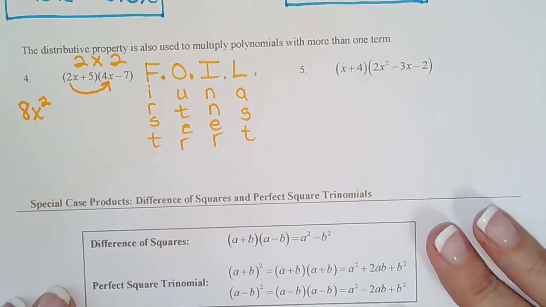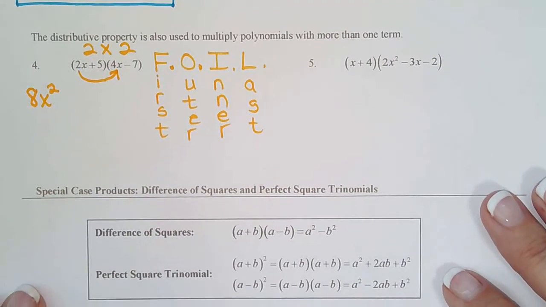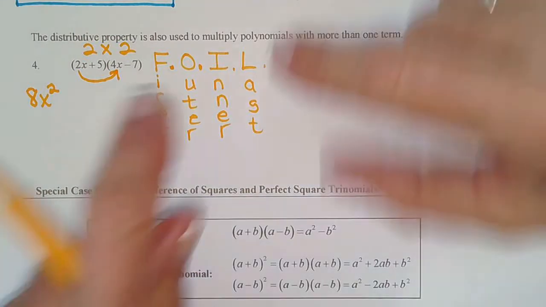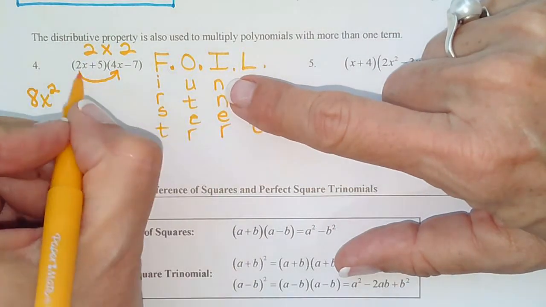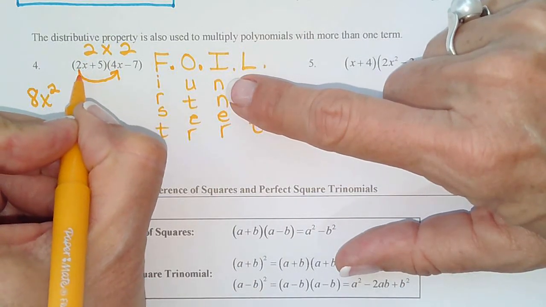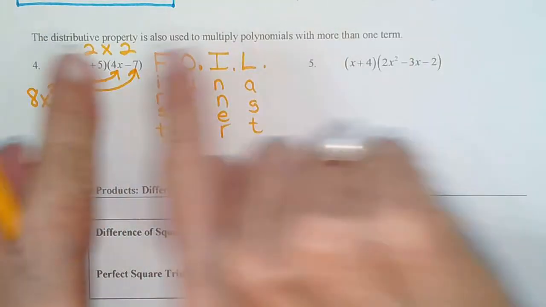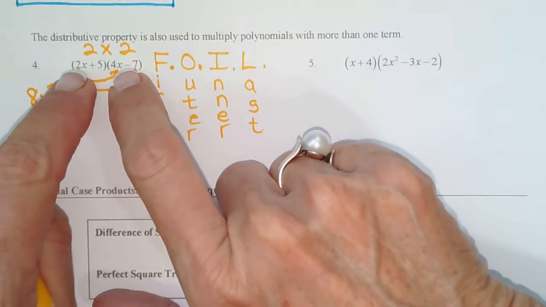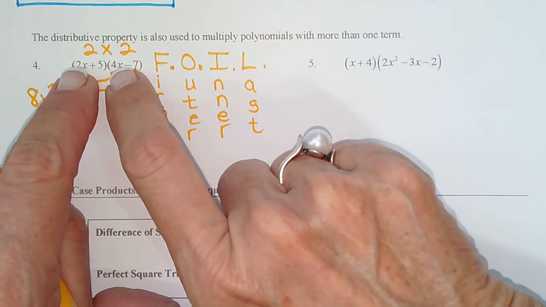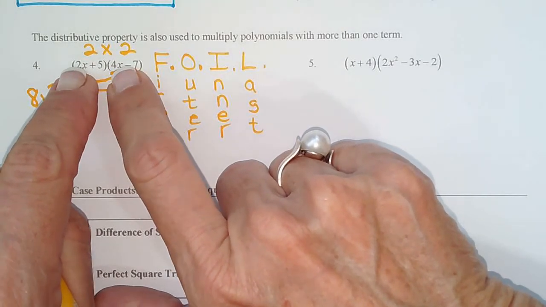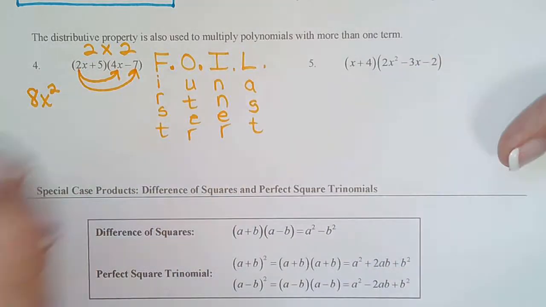You do a lot of foiling in this class and in your upcoming classes. O, outer, means the outer of this one multiplied by the outer terms of that one. So outer means outside. We first do the signs. So a positive times a negative would be negative 14x.